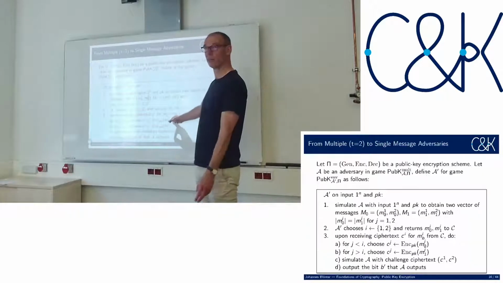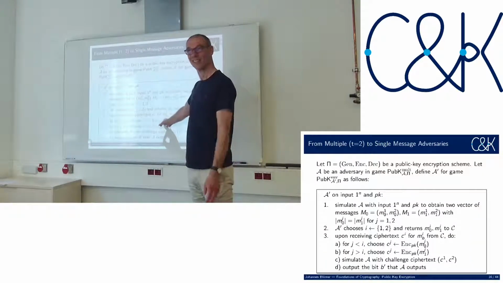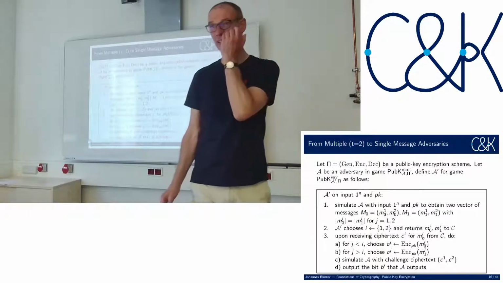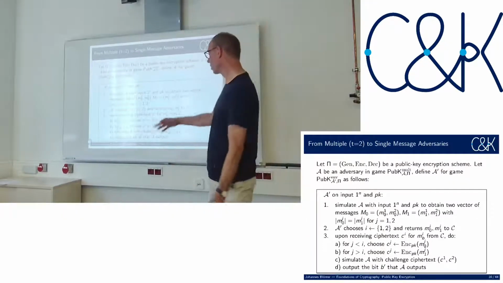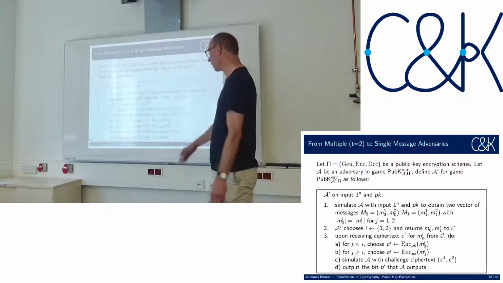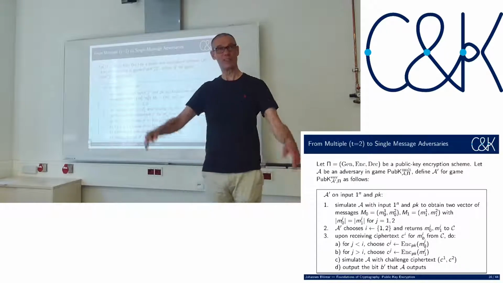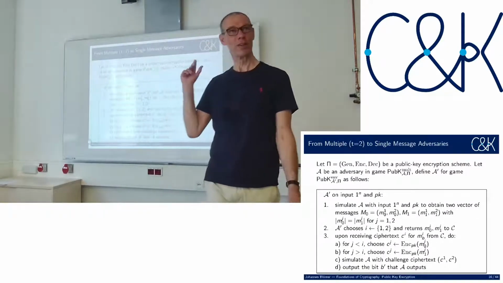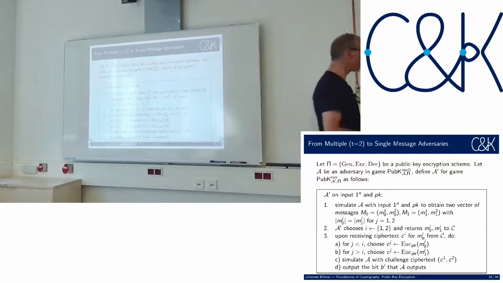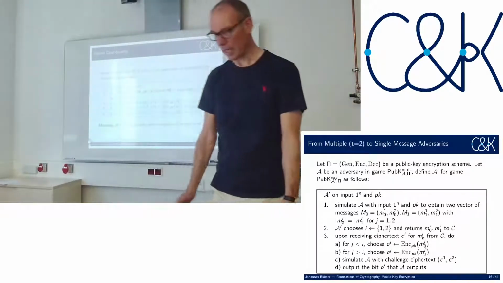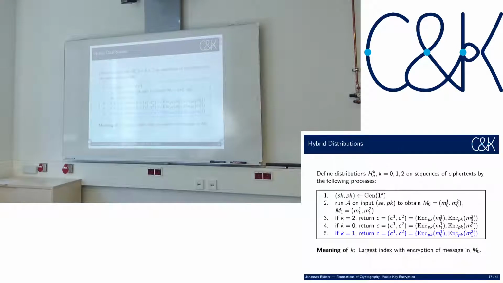All these things are random variables, because in the key generation algorithm there is randomness, in the choice of M0 and M1 there is randomness, the choice of i is randomness, the choice of b is randomness, and the choice of the encryption is randomness. So these are all not fixed values. These are all distributions, and these are the distributions that I'll define here.